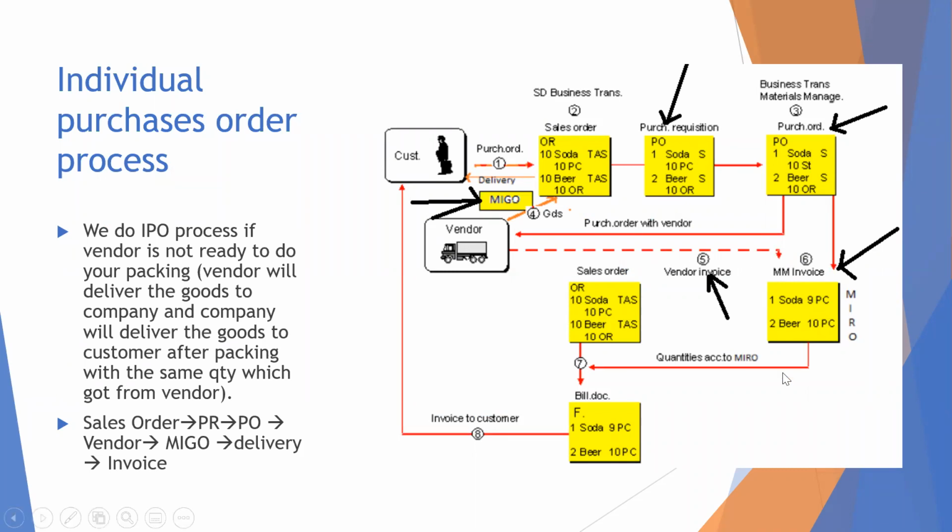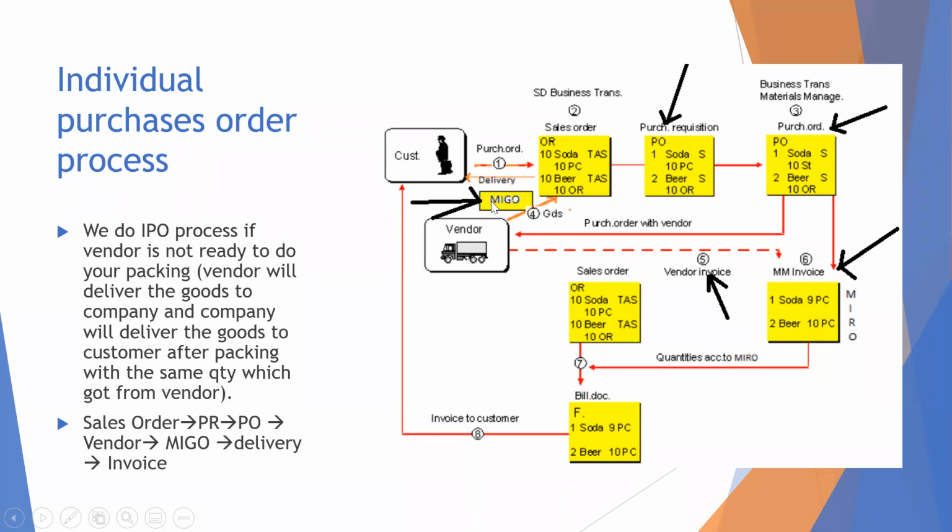If you look at the picture here, the customer has placed the order, and the purchase order is created in the background. These are the two things related to the items, line item 10 and line item 10. Once the sale order and purchase order are created, the system checks the stock availability, then the purchase requisition. The PR will be converted to PO, and this PO will be sent to the vendor.